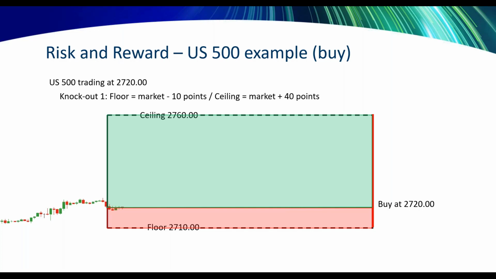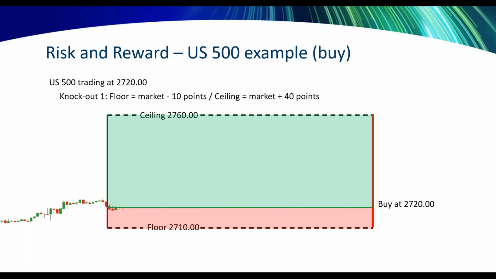How much am I risking? How much am I potentially making? Assuming maximum potential profit or loss. That is why we offer 4 knockouts. It's for you to be able to customize your trade with the amount of risk that you're comfortable with and the amount of reward that you would like to get for taking that risk.